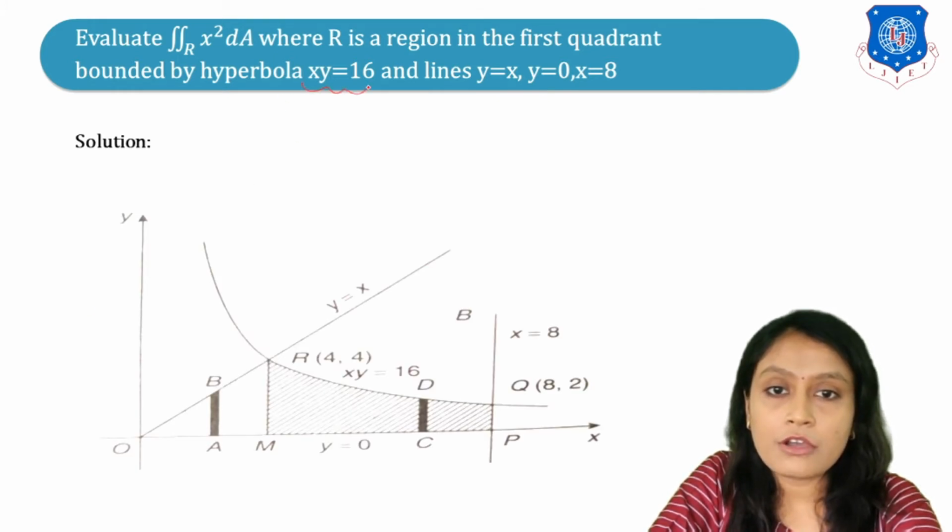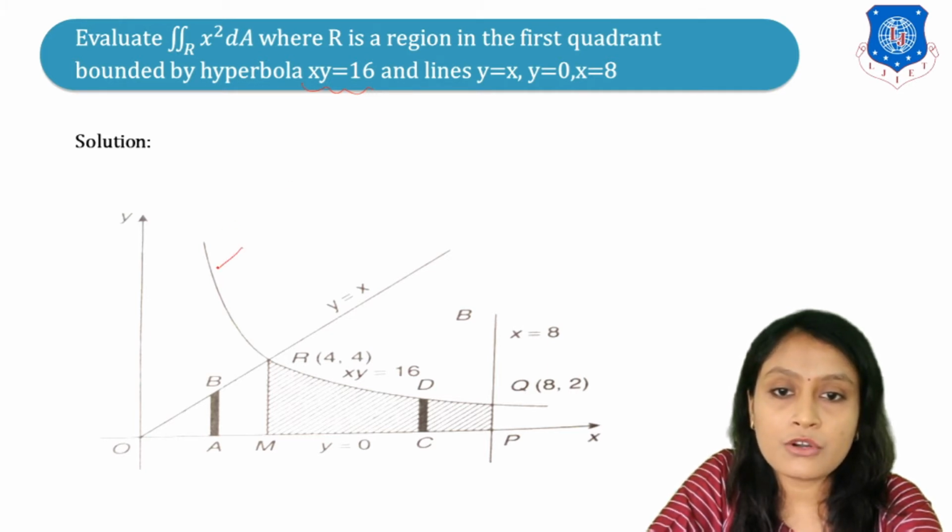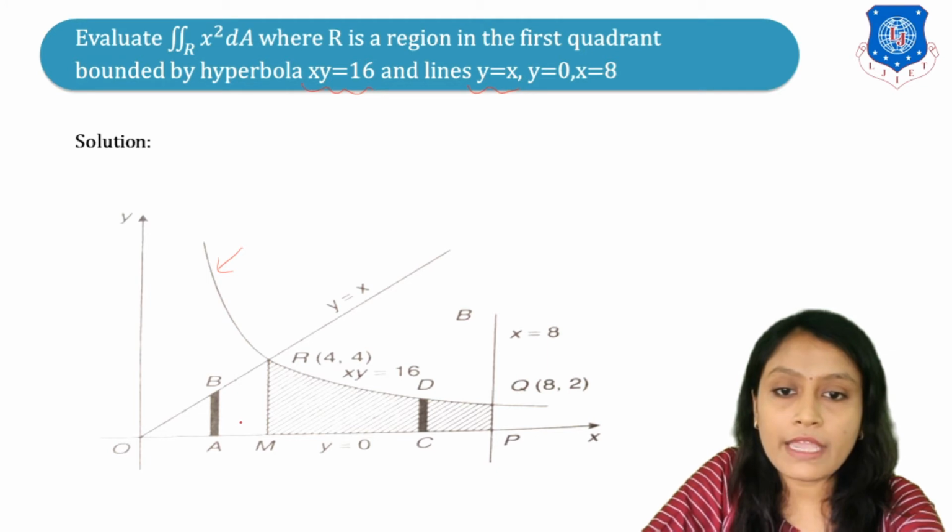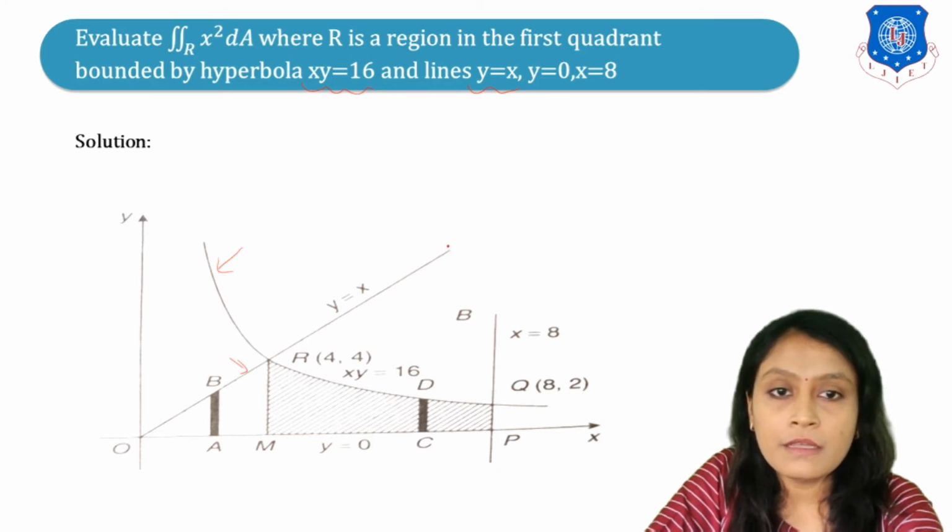So firstly we will draw this xy is equal to 16. It is a hyperbola, so we will draw this hyperbola like this. Okay, next we will draw this line y is equal to x. So this is your line y is equal to x, right?